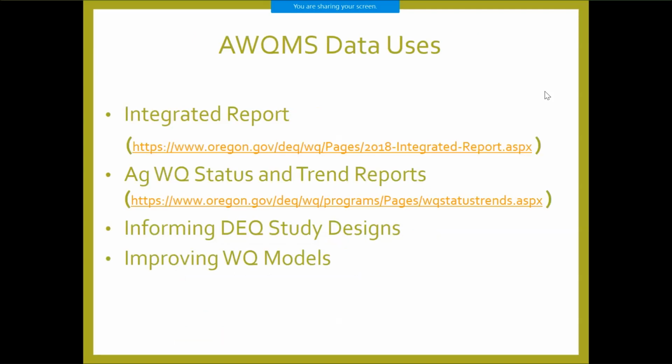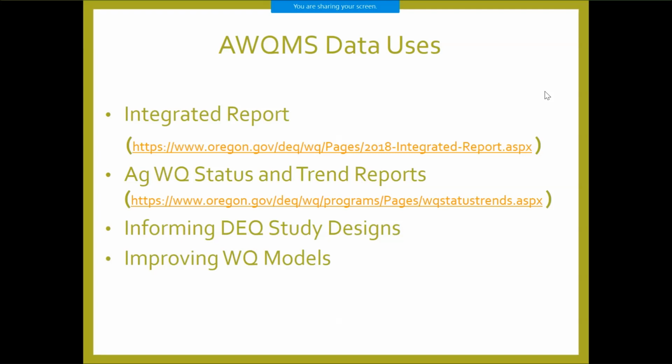In terms of how the data gets used, the primary purposes are the integrated report or the 303(d) list assessments, where we query all of the available data to compare to water quality standards to figure out if beneficial use criteria are being met. And then there's also been a big demand in the last few years to start using this data for status and trend reports.